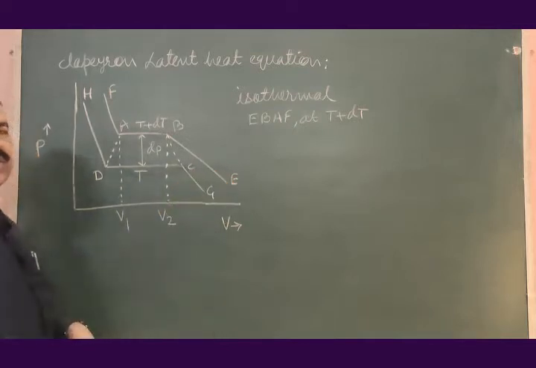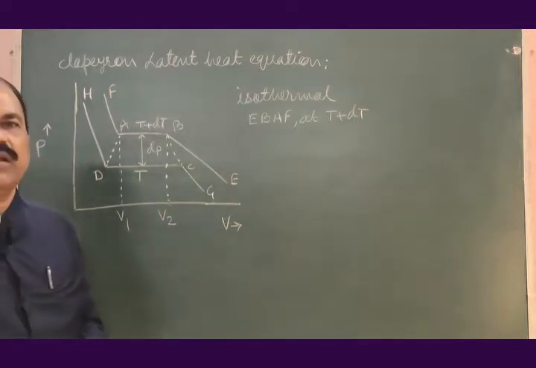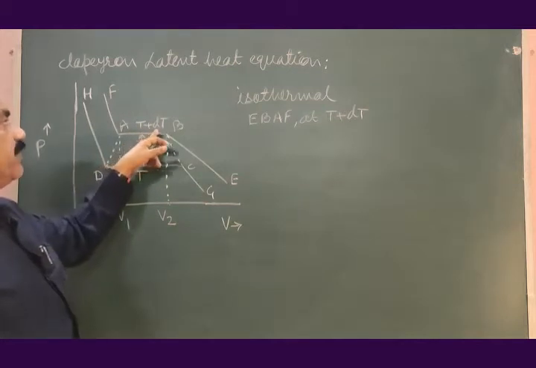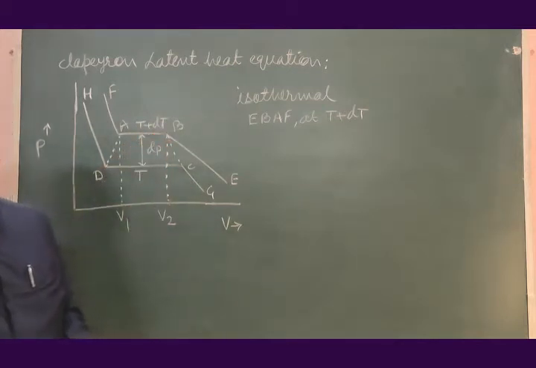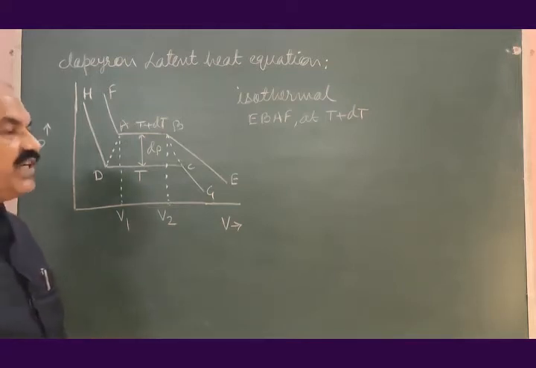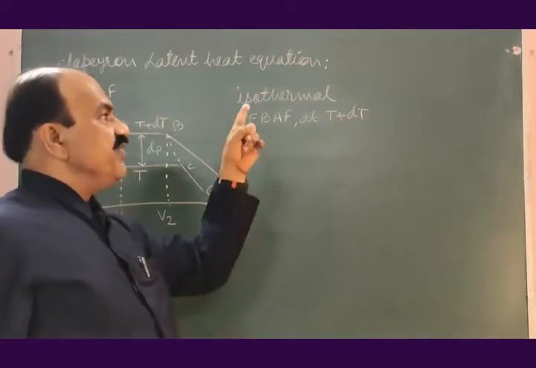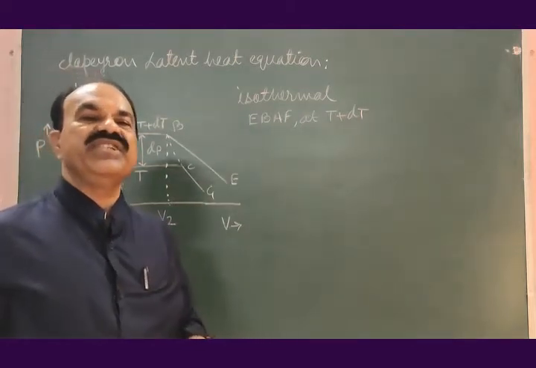This is an isothermal carried out at T plus dt temperature. The isothermal process EBAF is carried out at a constant temperature, which is T plus dt.